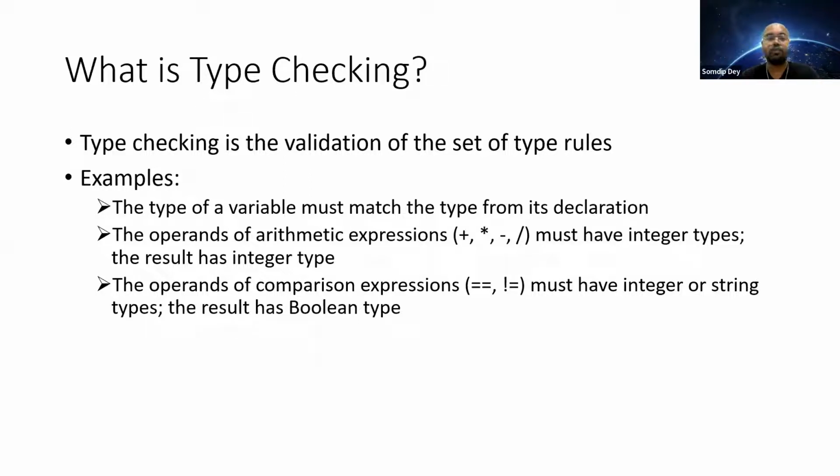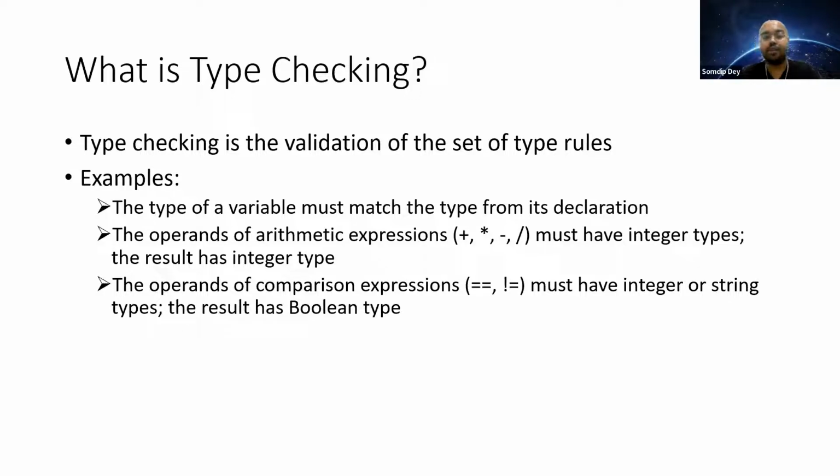Another example is that the operands of arithmetic expressions such as addition, multiplication, subtraction, and division must have integer or floating types, and the result also has to be integer or floating type depending on the type of the variable. If it is integer type and an arithmetic operation is performed, then the return type should also be integer. On the contrary, if it is a float, after performing arithmetic operations, the return type should also be a float.